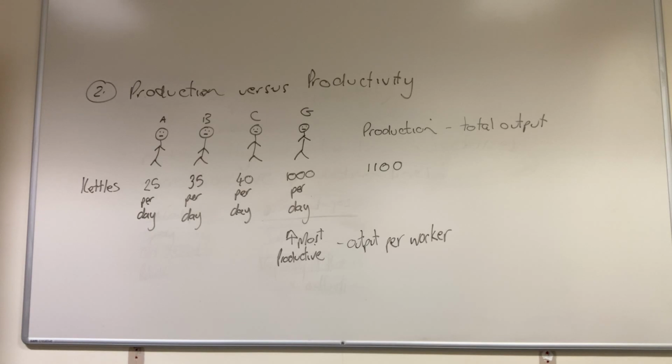So what if there were other kettle factories around and they all wanted G? Competition. Right. And so in order to get the big G, what would they need to do? What would be the thing that would attract big G to work for Morphy Richards instead of Electrolux? If the wage is high. Exactly.